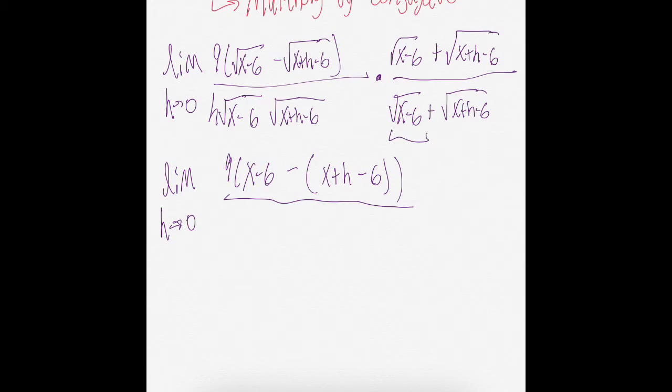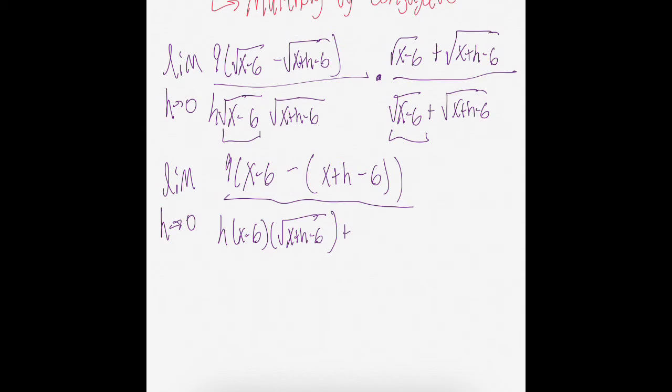Whenever I multiply root x minus 6 times root x minus 6, the root is going to cancel, and this is just going to be h times x minus 6 times root x plus h minus 6. The radicals there canceled out.